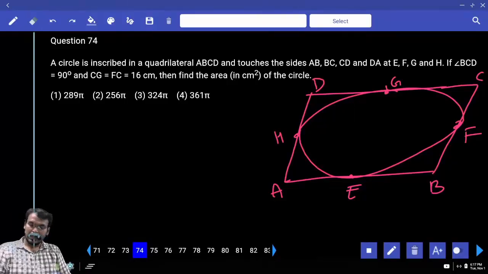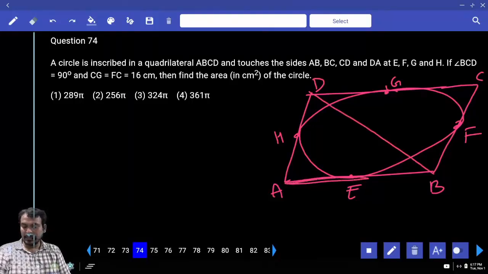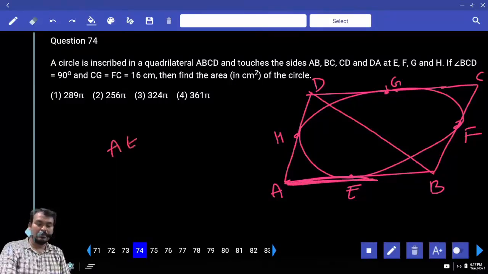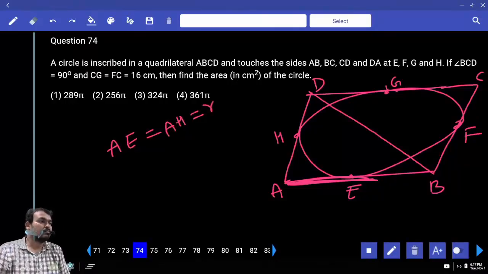90 degrees. Angle BCD is 90 degrees, so AE and AH are both equal to the radius of the circle.